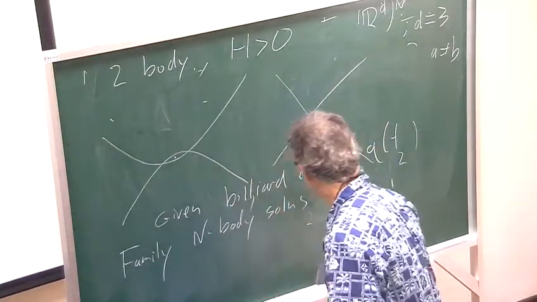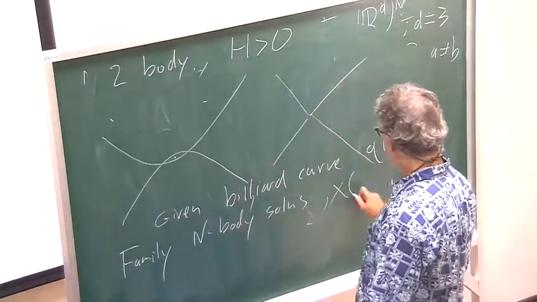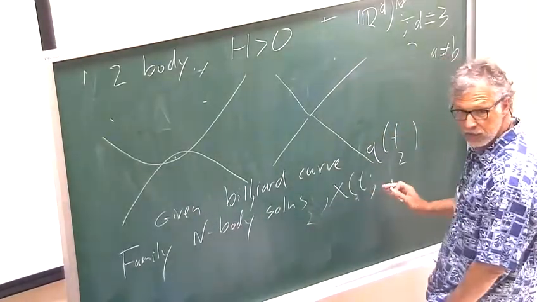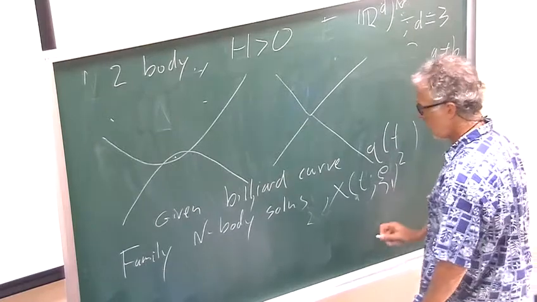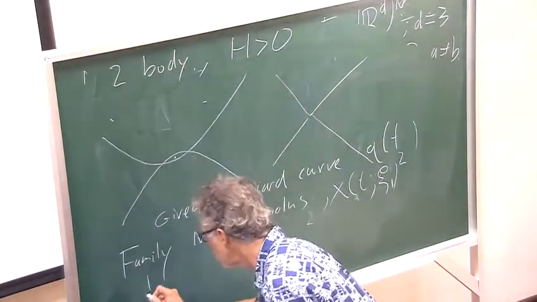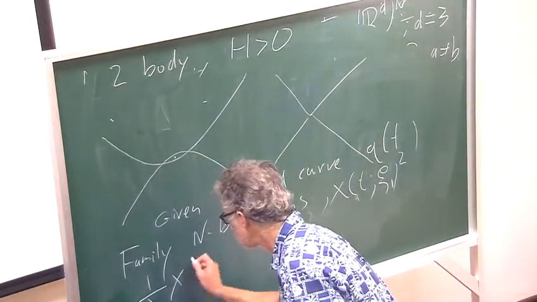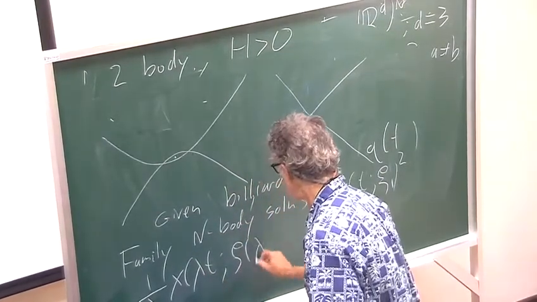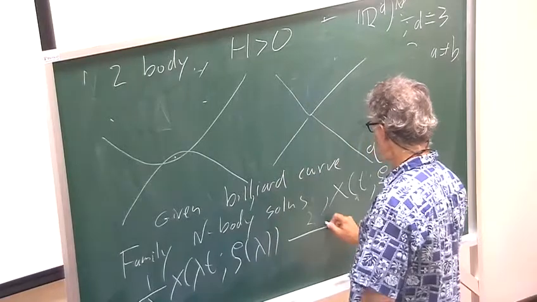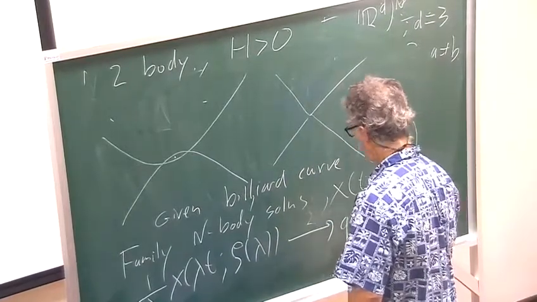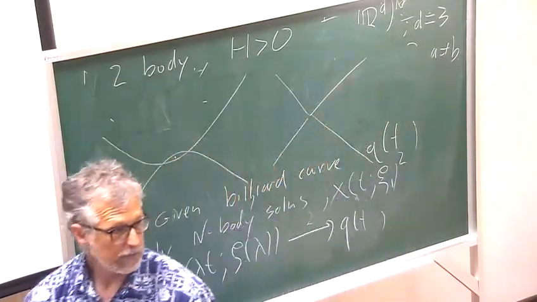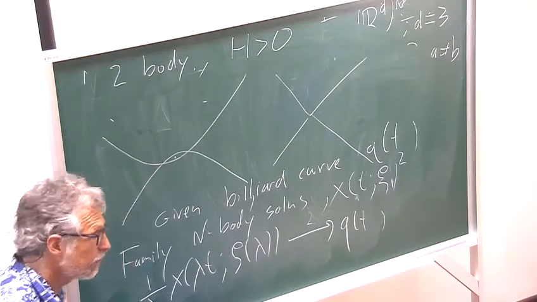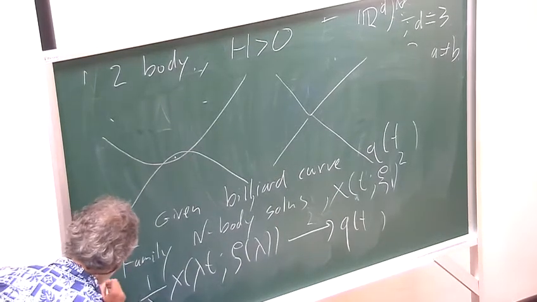I'll call them x of t, with some other initial condition parameters, like c, and the rescaling 1 over lambda x of lambda t, and these should converge to Q in some sense. So that turns out to be the right statement. This isn't proved yet. This would be kind of theorem 2.